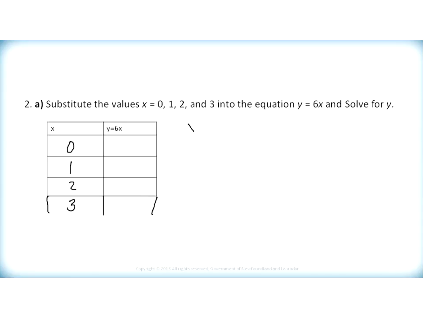So we know that y is equal to 6x. Well, if x is equal to 0, that means that y is equal to 6 times 0, which equals 0. So I'm going to put 0 here. Okay, y equals 6x when x equals 1. Then y is equal to 6 times 1. So y is equal to 6.